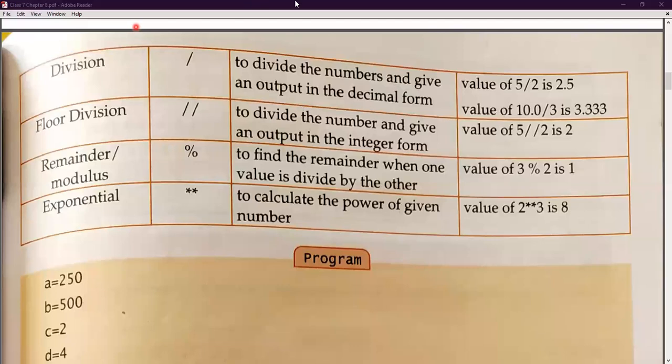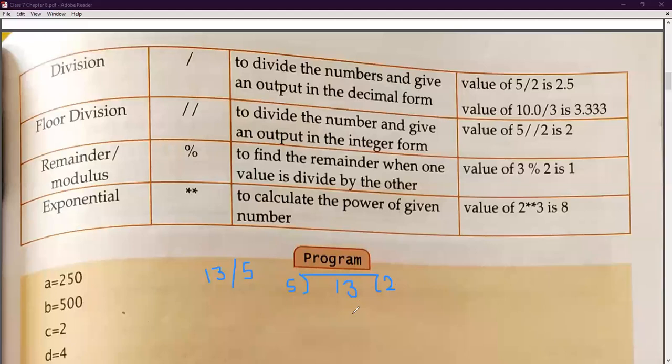Okay, let's take one more example, student. Now please divide 13 by 5. So how will you divide it? Like this. Okay. 5 ones are 5, 5 twos are 10, and 5 threes are 15. But 15 will be greater than 13. Then we will take 5 twos are 10.